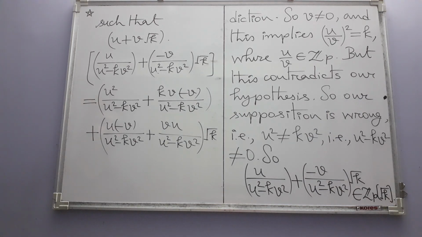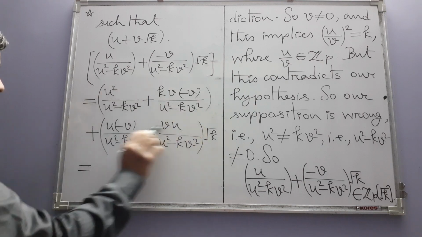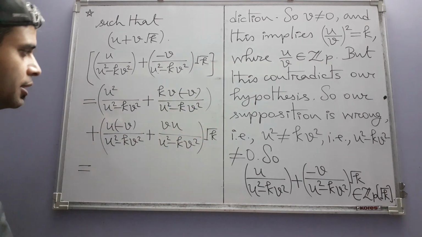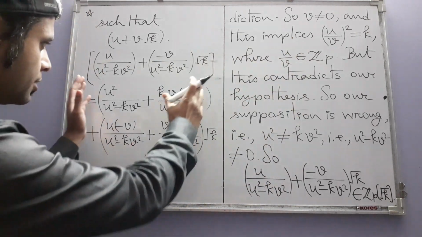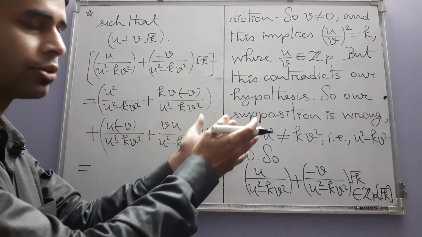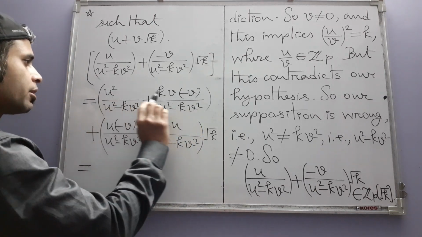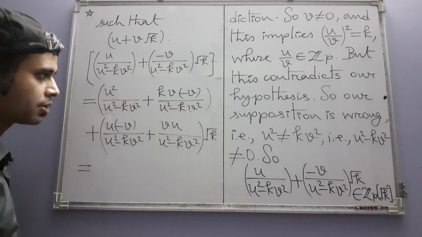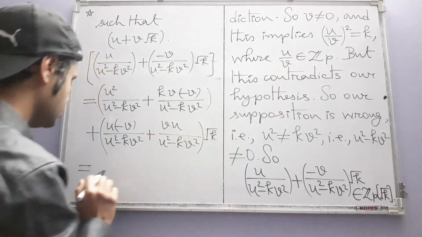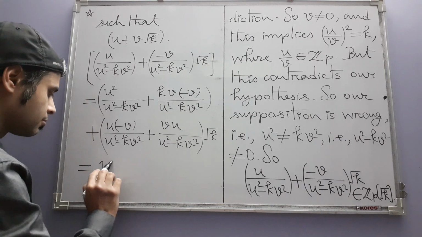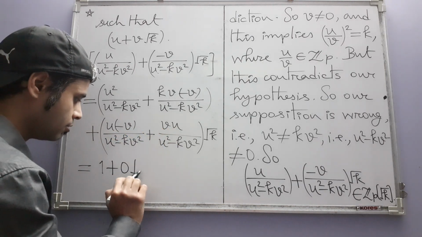And you can now see that if you do whatever needs to be done here inside the field ZP, because this calculation and this calculation are going to happen in ZP, then here you are going to get u square minus kv square divided by u square minus kv square 1, the one that you have in ZP, plus, and these two will cancel out, 0 root k.